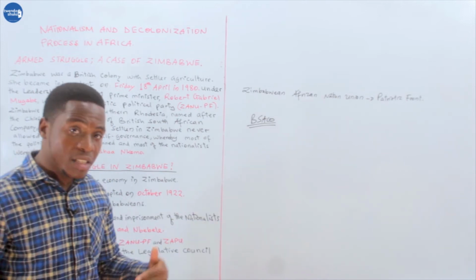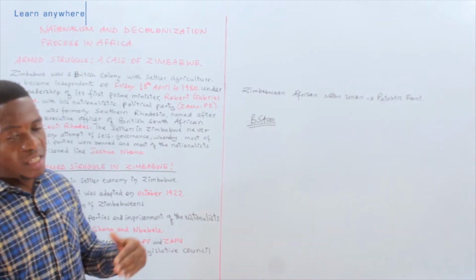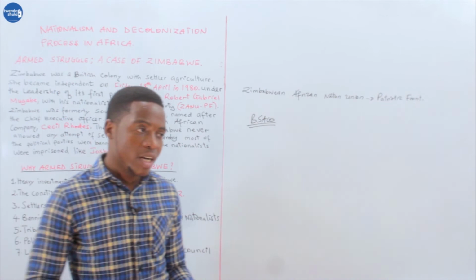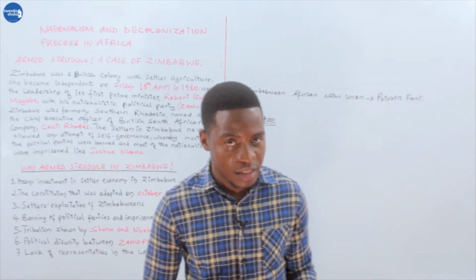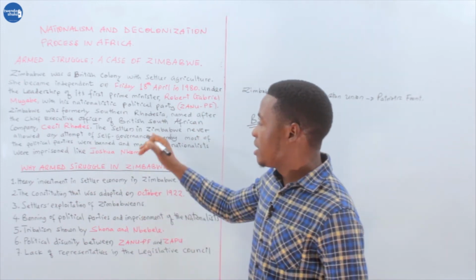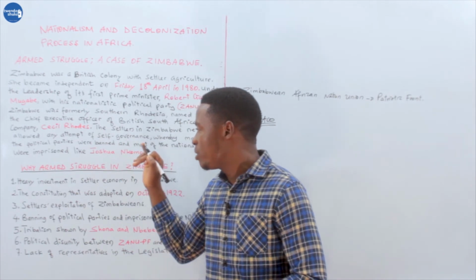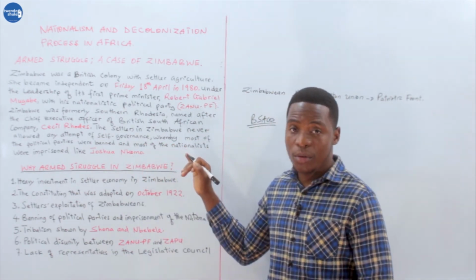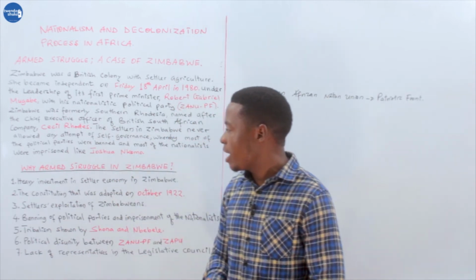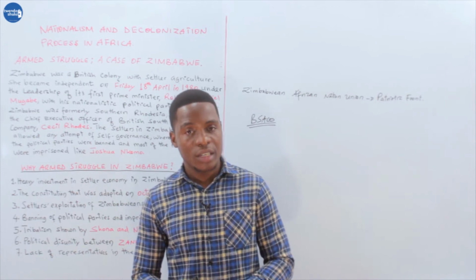Therefore, the settlers in Zimbabwe never allowed any attempt at self-governance for the people of Zimbabwe; most of the political parties were banned and most of the nationalists were imprisoned.